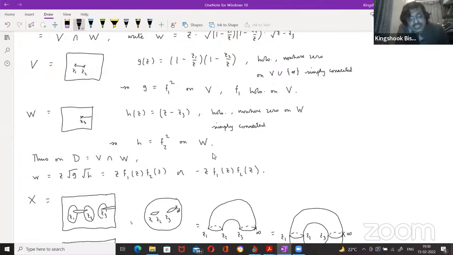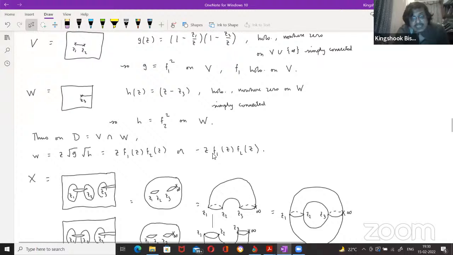So therefore on the intersection, V intersection W, I can write my multivalued function little w as Z times the square root of G times the square root of H. That becomes either Z times f1(Z) into f2(Z) or minus Z into f1(Z), f2(Z). Okay.